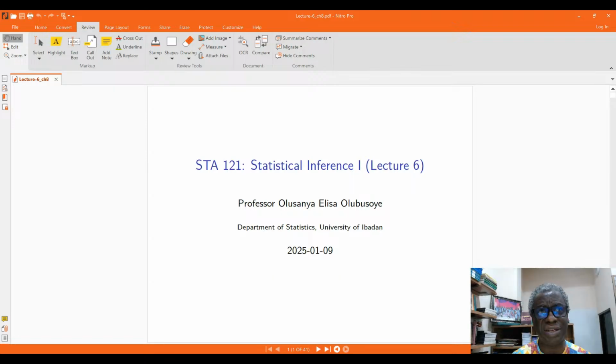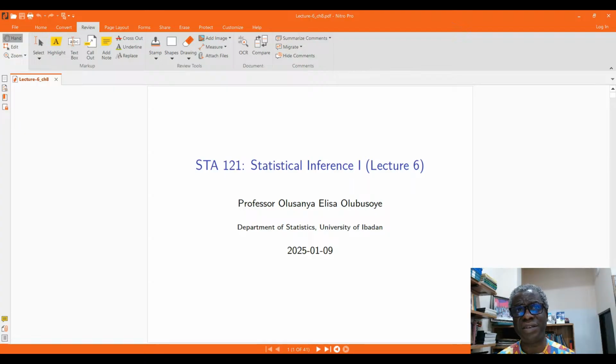In that lecture, we looked at how to determine appropriate sample size for your study, and how you can calculate sample size for both population means and proportions.